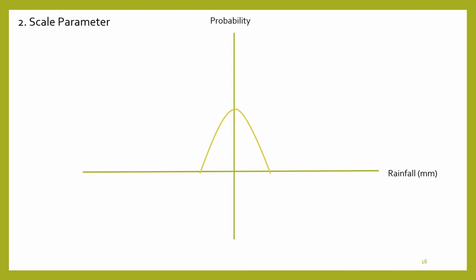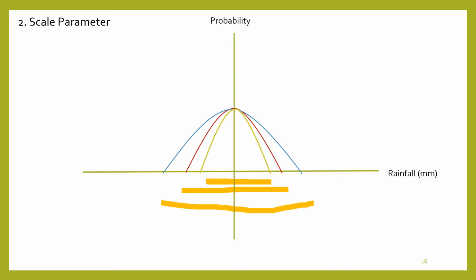This is the scale parameter. We can see the difference: this one is smaller, the red one is larger, and the blue one is largest. This is what we call the scale parameter: how far the minimum and maximum are. For the green line, how far the minimum and maximum are from the average.